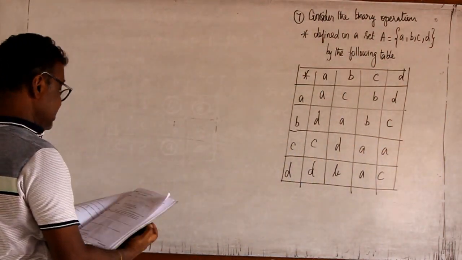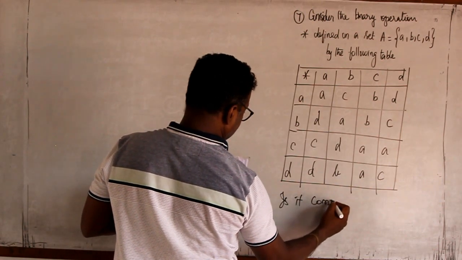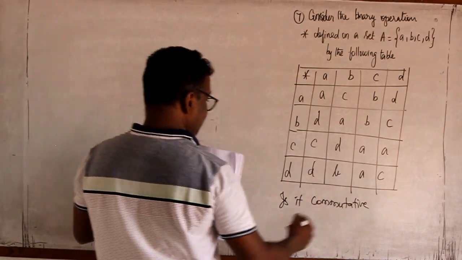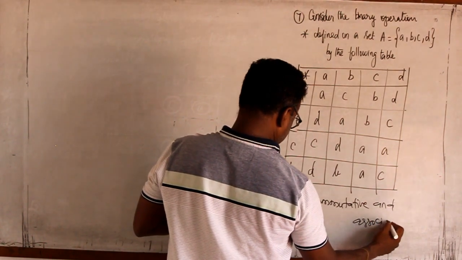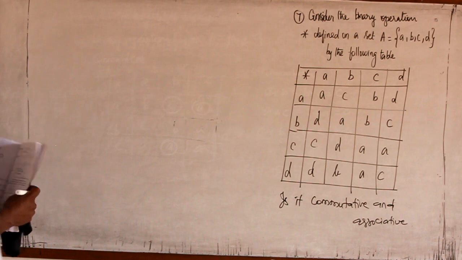What they are asking is, is it commutative and associative? They are asking whether these two properties are satisfied. We shall check.